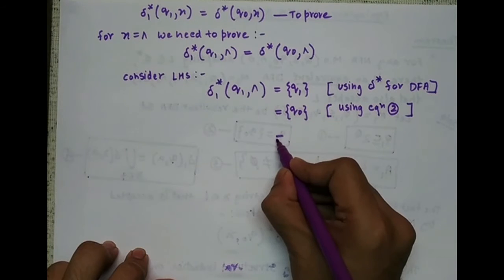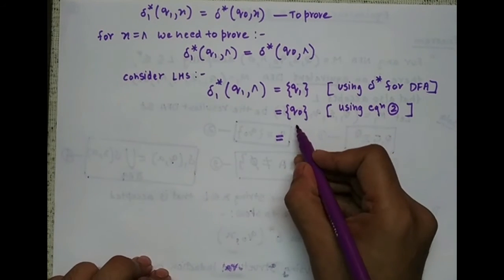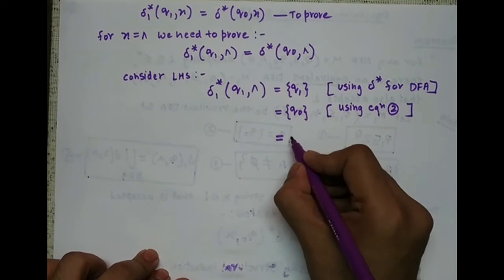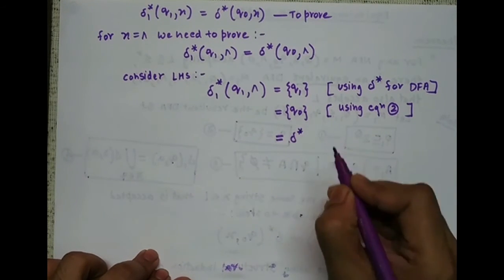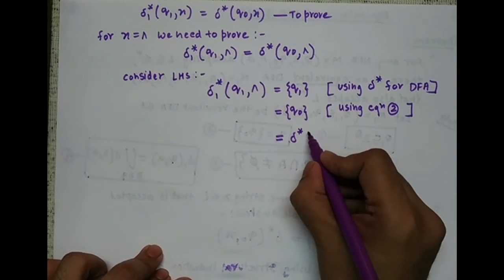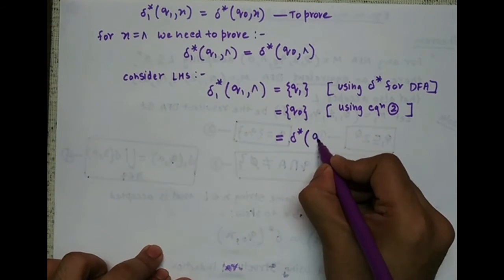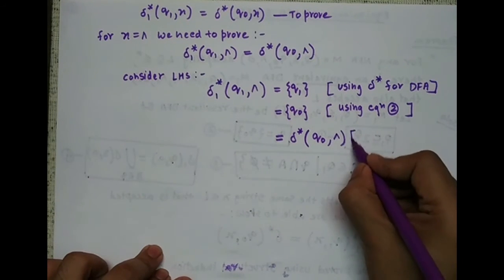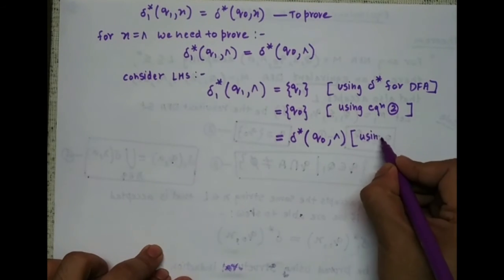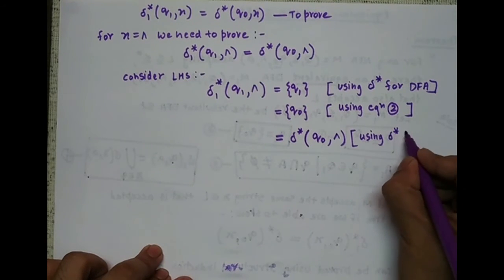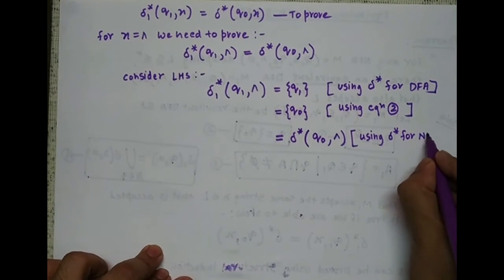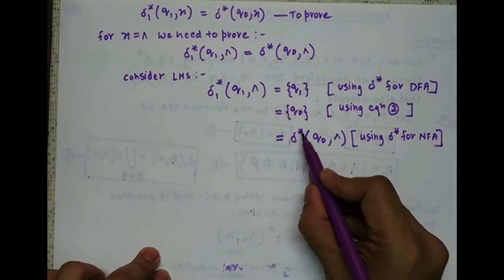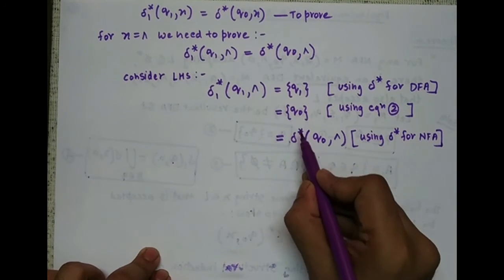Now Q0, again using the extended transition function of NFA, can be written as del star of Q0 on null. So this is using del star for NFA. Del star of any state on reading null gives you that state itself.